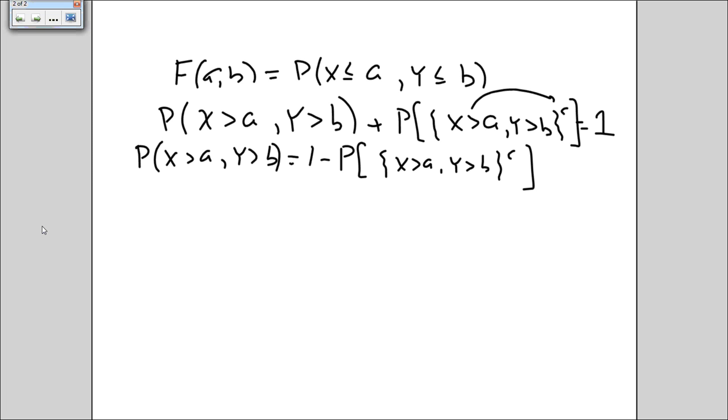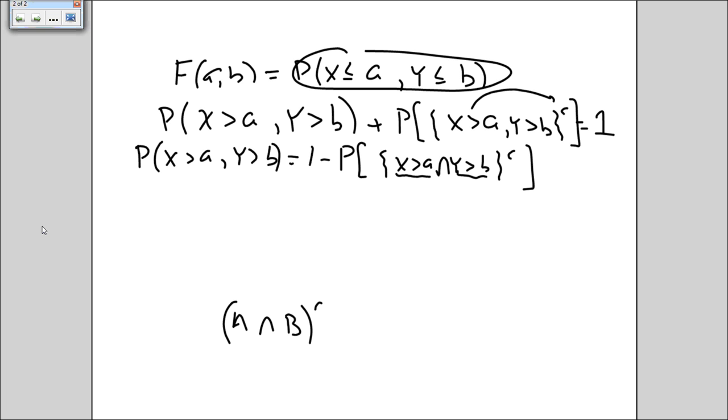I chose my words carefully when I first defined the top line. I said this is the probability that X is less than or equal to a and Y is less than or equal to b. That is, there's an 'and' here. We have one set intersect another set. Remember, if you take the complement of an intersection of two sets, even if that was a union, what I'm about to say is true, we change things. It's easy.